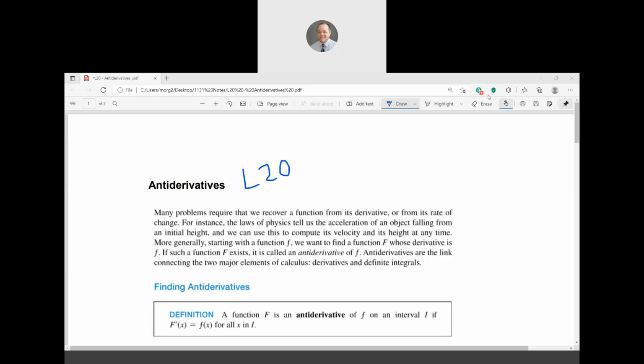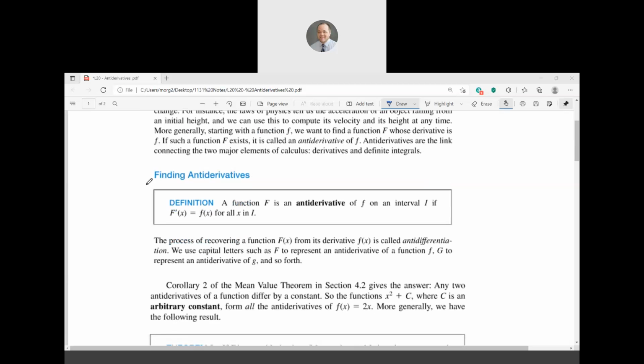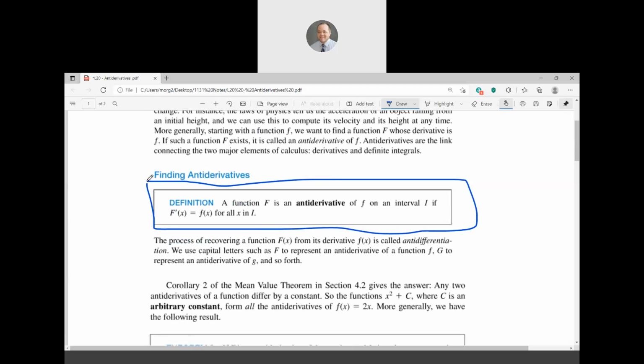Antiderivatives are the link connecting the two major elements of calculus, derivatives and integrals. Here's the formal definition. Pretty much what I said, but in tighter, cleaned up terms.